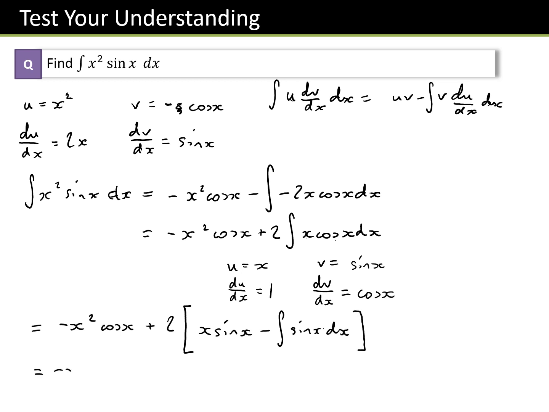So our answer, minus x squared cos x plus 2x sine x minus sine x integrated. So sine x integrated is minus cos. Minus and a minus make a plus, and we're multiplying it by 2. And then stick the plus c on the end. Okay, so there's the answer.